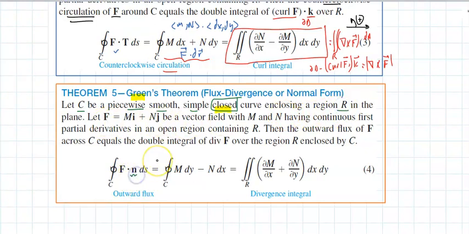Now if you remember, we did that back when we did flux, and we said the outward flux was, remember, this is M N, right? Oh, I'm sorry, I said del crossed with F. No, that's not what we said. This is F crossed with dr. That's what I meant to say.